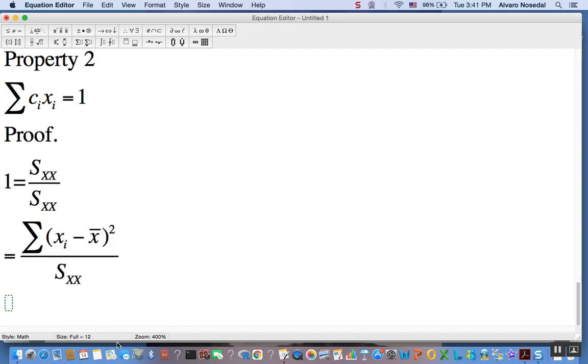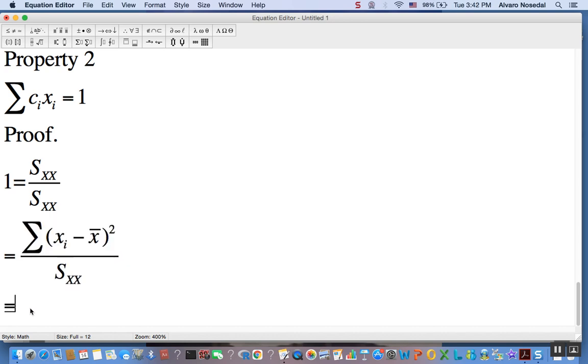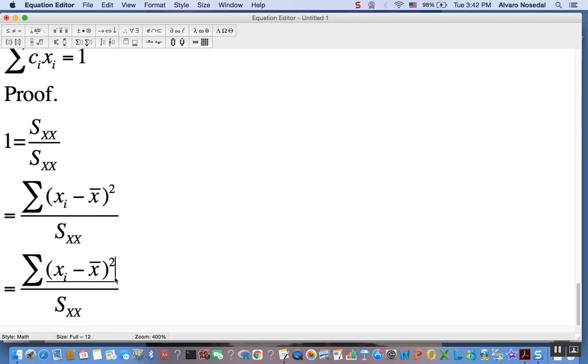Now, the numerator happens to be the same as this. xi minus x bar squared is the same as xi minus x bar times xi minus x bar.